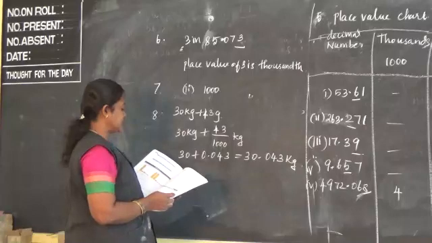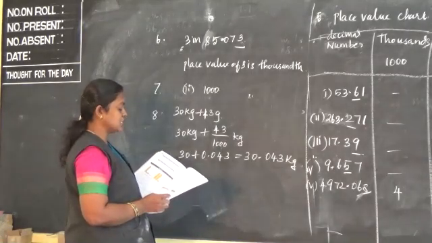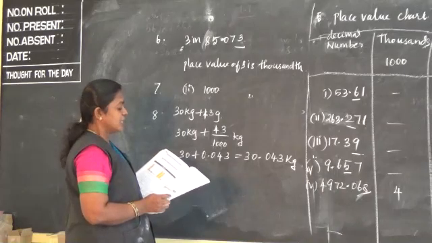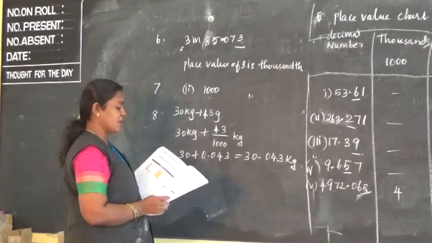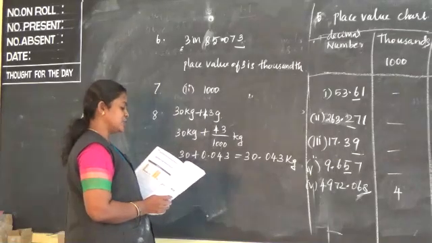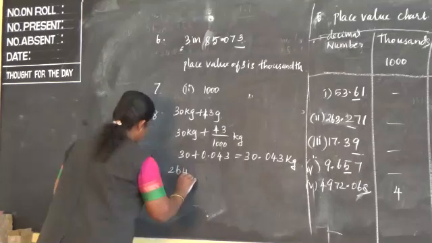A cricket pitch is about 264 centimeter wide. It is equal to dash meter. So centimeter is given to us. We have to convert to meter. Centimeter to meter, if you are converting, you should divide by 100.